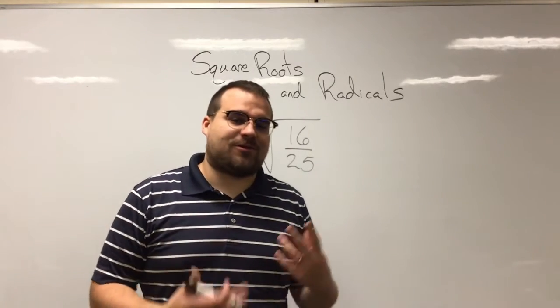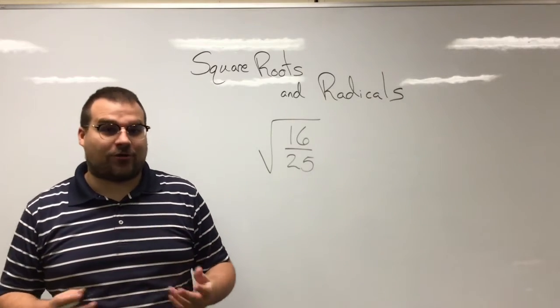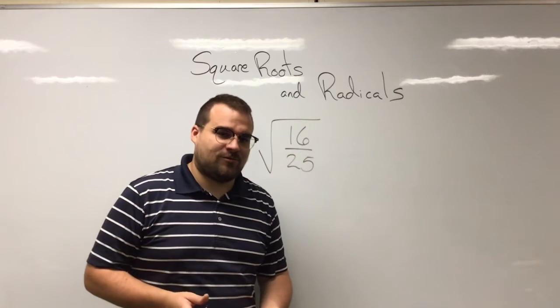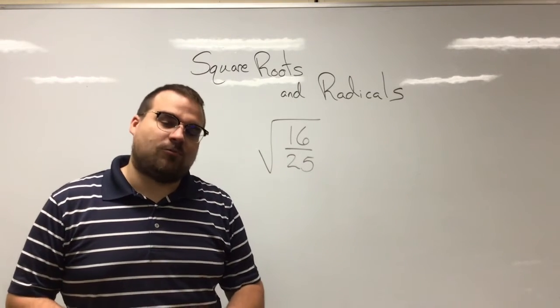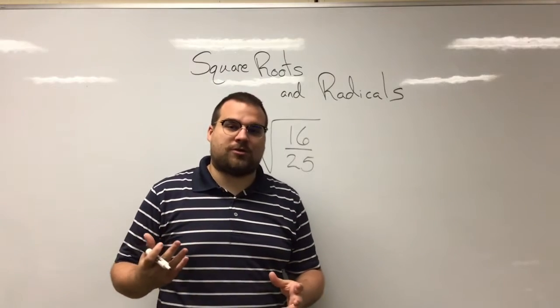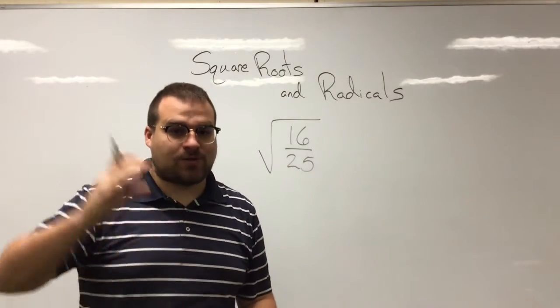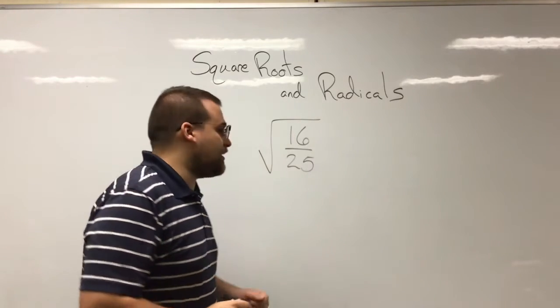Maybe I know some of the basic ones, 1 squared, 2 squared, 3 squared, 4 squared, all those. But I don't know the square root of a fraction. Well, let's think about it kind of like exponents. When you have a fraction to an exponent, then what's really happening is the numerator is to that exponent and the denominator is to that exponent. The same thing is happening here.